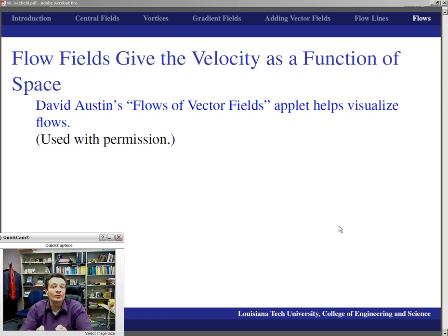I've really made a point of showing you reality. Vortices, magnets, electric charges, actual flow fields. That's the kind of stuff that you will be facing in applications, and the more you can make a connection between these applications and the mathematical description through vector fields, the better these applications will go for you.